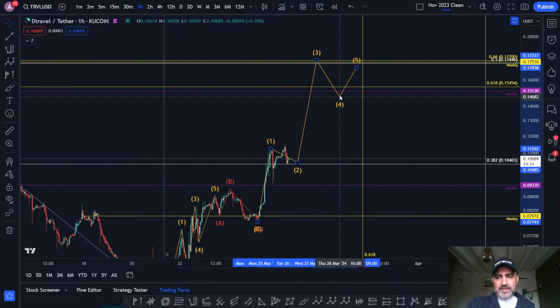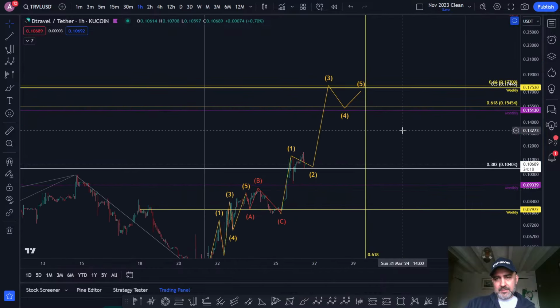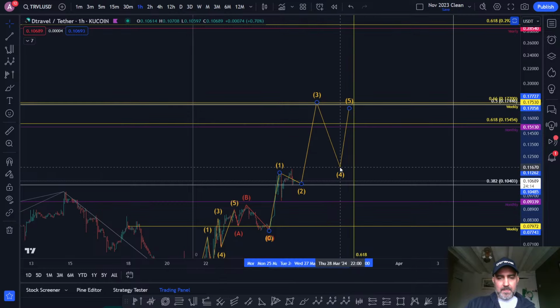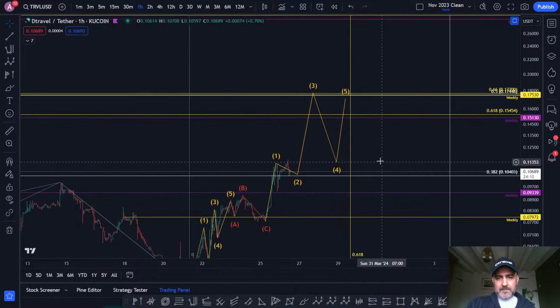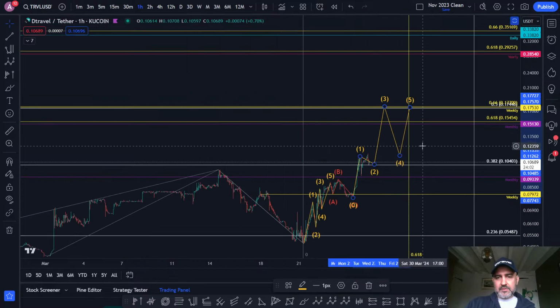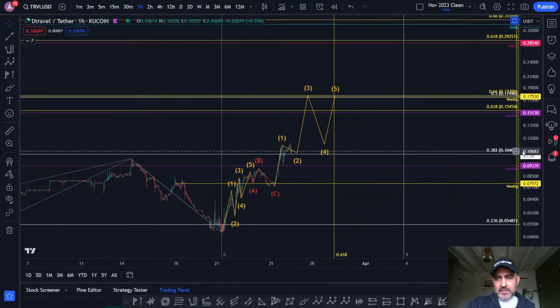How does that correct? Does it just come down to here? Does it go deeper? Could go deeper. For a 5, do you have a crazy 5, or do you just have potentially a weaker 5? We don't know. We don't know how this is going to play out.